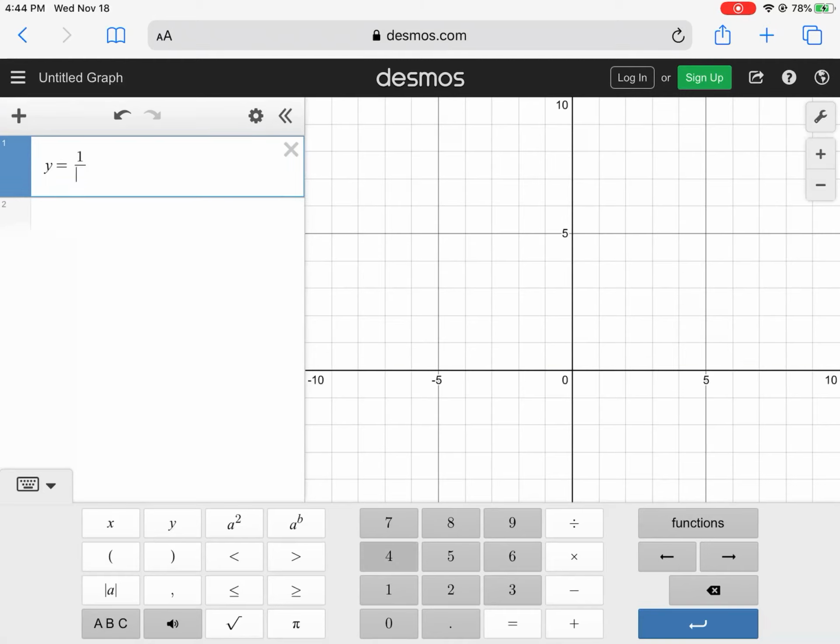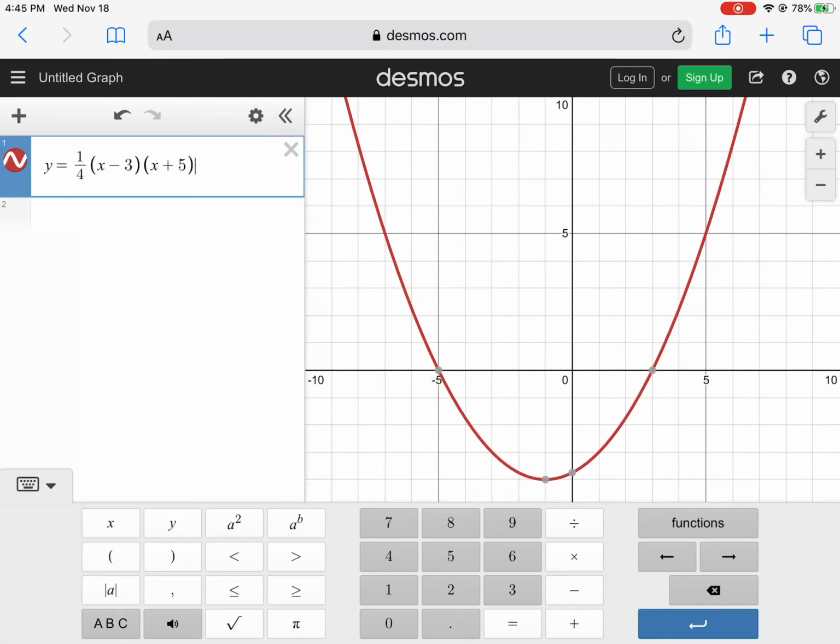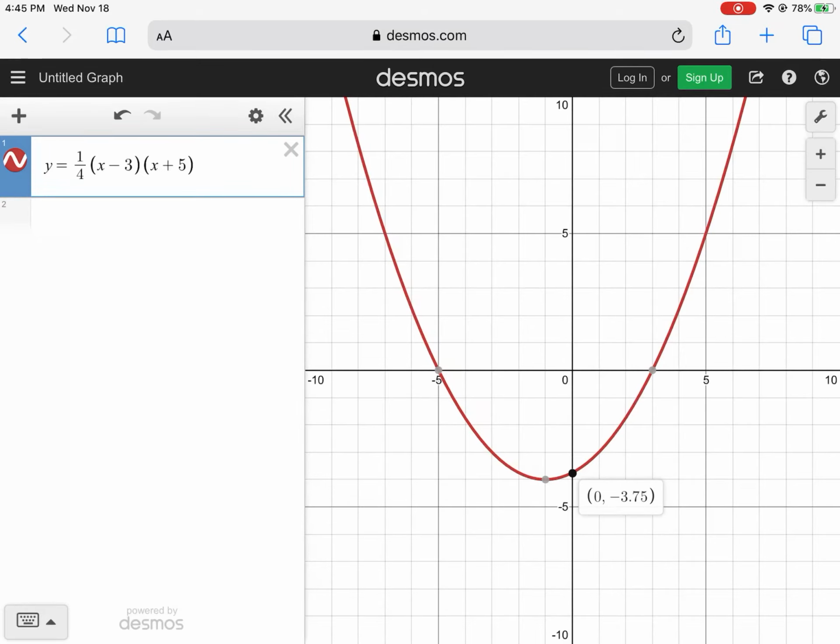You're going to put y is equal to 1/4, and then we would go parenthesis x minus 3, parenthesis, x plus 5. And notice that plots that graph very nicely for you. It even shows you where these intercepts are going to be. If you just highlight them, there's your y-intercept, there's your x-intercept, there's your vertex. It gives you plenty of points to go ahead and plot and graph an accurate shape there.